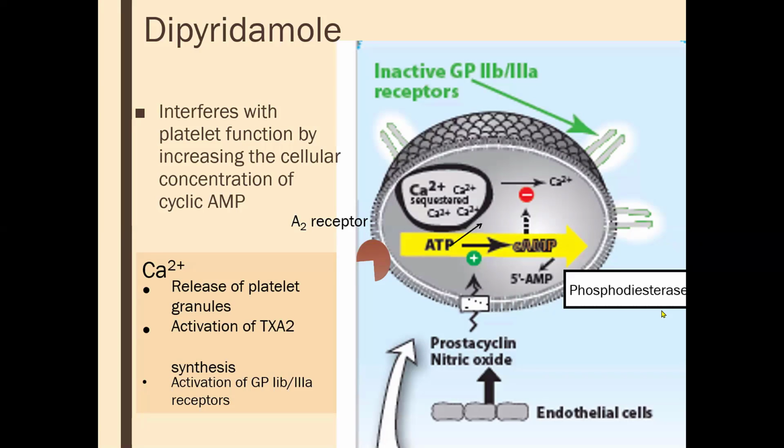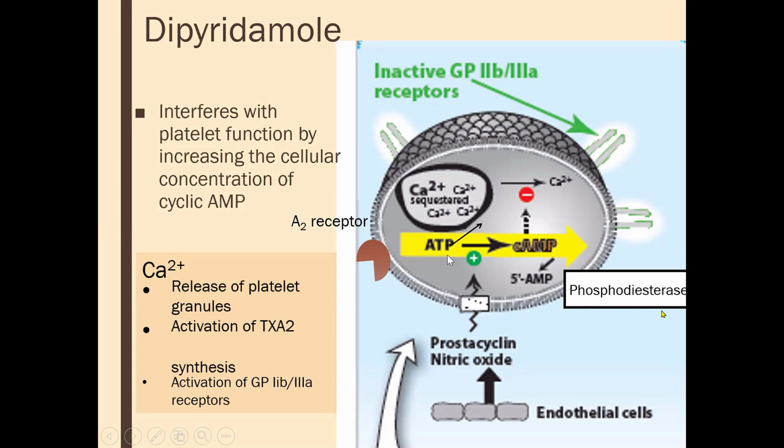Shape change helps in the release of all those aggregatory mediators. So should there be a decrease or an increase in calcium? For the antiplatelet effect, the calcium should decrease, so the aggregatory mediators cannot be released.